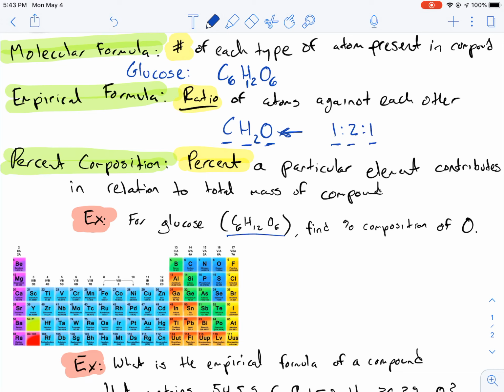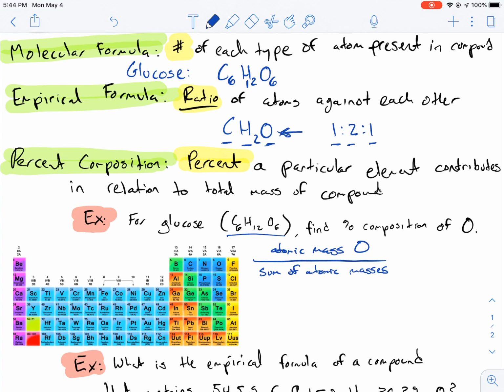Here, let's try this. Atomic mass of oxygen, whichever one you're trying to find, and then the sum of the atomic masses of all of them. And so here's what that looks like for oxygen.